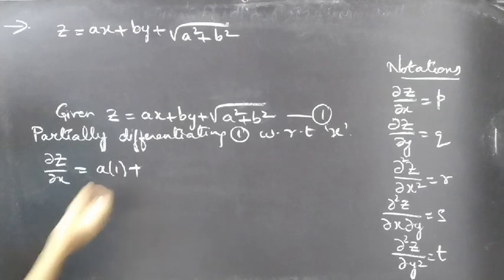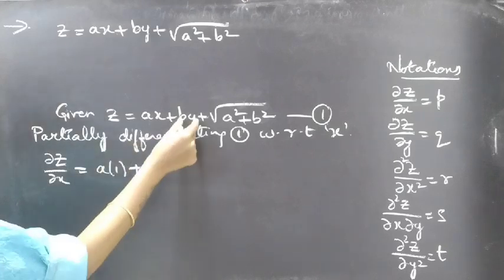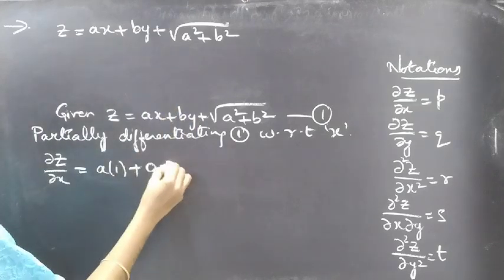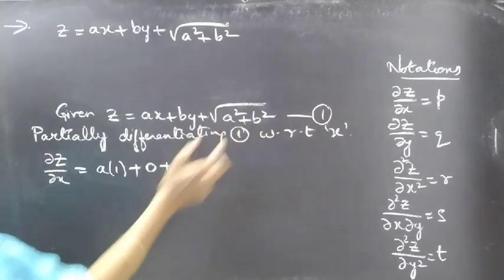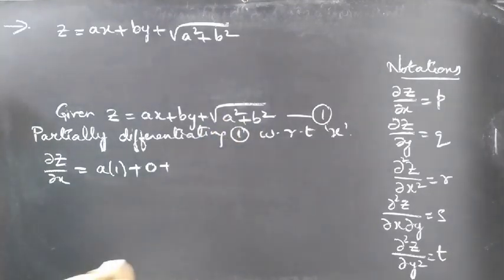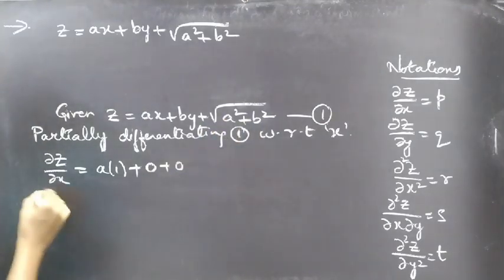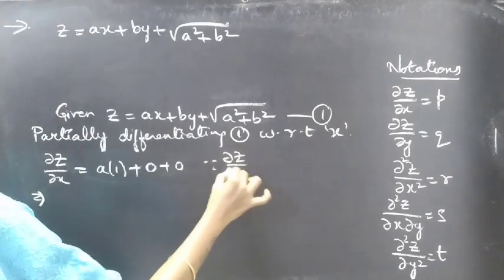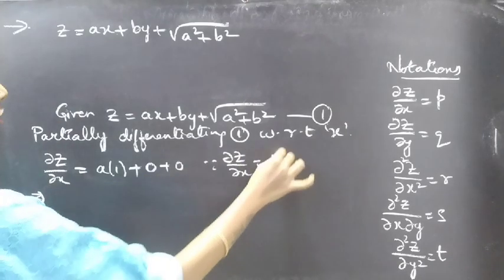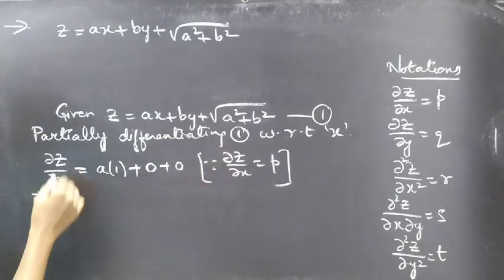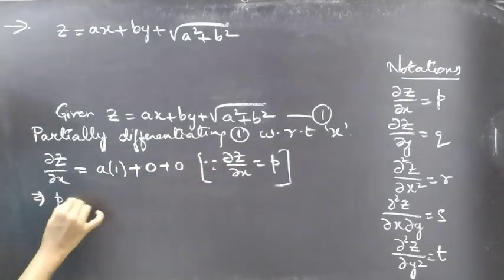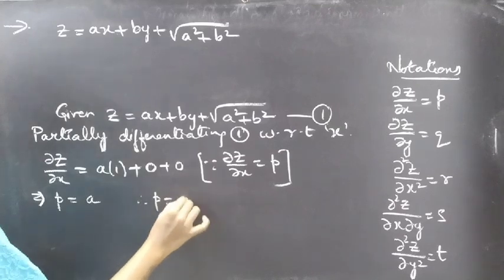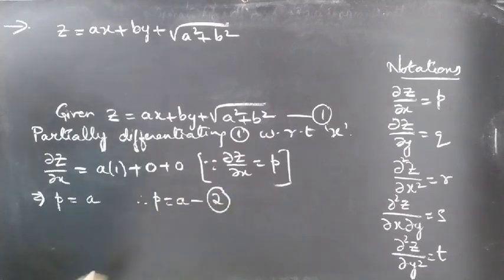So the partial derivative of the constant by with respect to x is 0, plus, again you have some constant, so its partial derivative with respect to x is 0. Since we have a notation dou z by dou x equal to p, let's replace dou z by dou x by p. You'll get p equal to a. Therefore p equal to a. Consider it as equation 2.